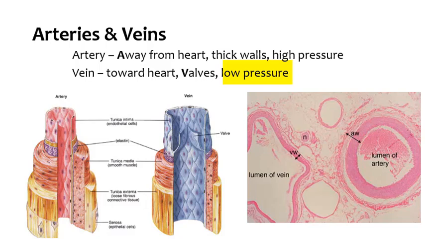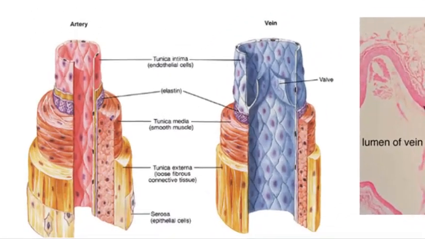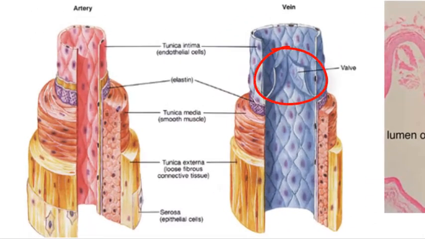Your blood has a hard time returning from your toes back up to your heart. So most veins have these valves, little flaps inside the vessel. If the blood is flowing upwards, it can just travel through the valve. But if the blood starts to fall back down, it'll get stuck behind these flaps and the valve will close.